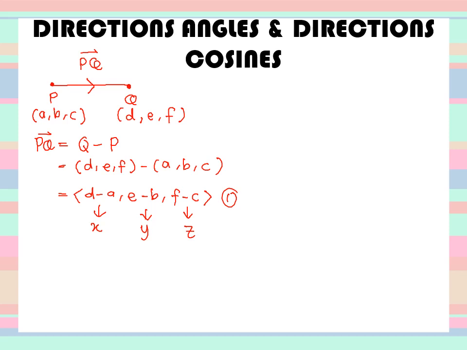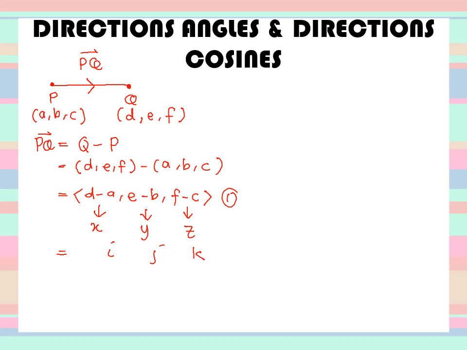In some other books, there is one more way of writing a vector, where a vector is written in the form of i, j, k, where i represents the x-axis, j represents the y-axis, and k represents the z-axis.